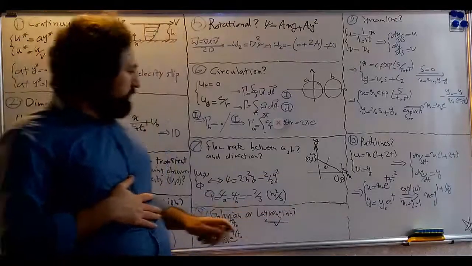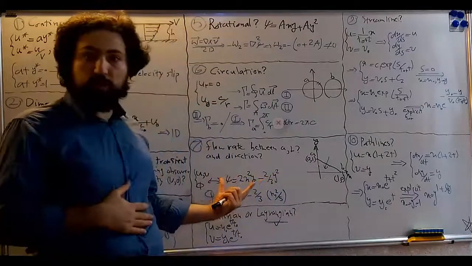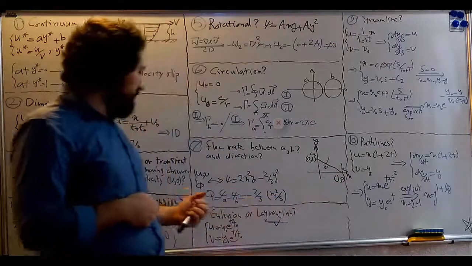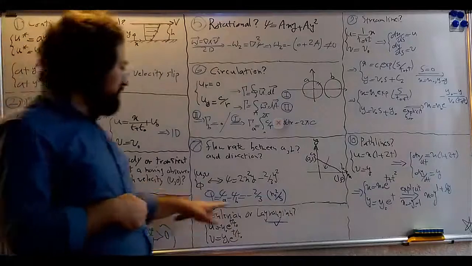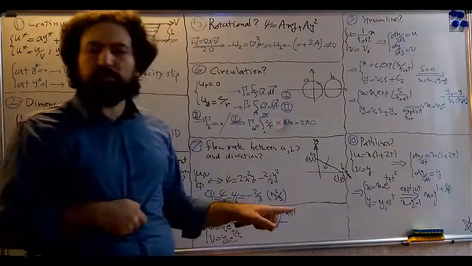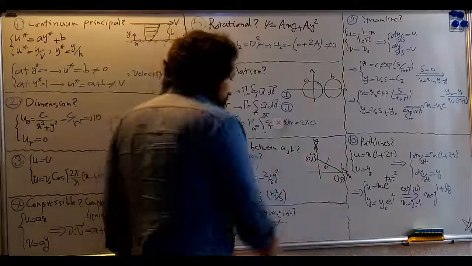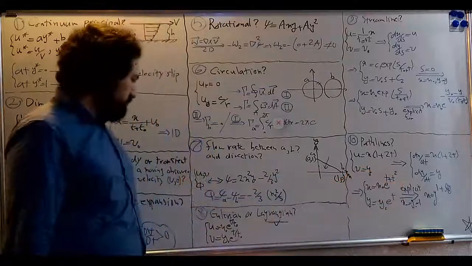And just substitute 0 and 1 to find the stream function value for A, and 1 and 0 for the next one, and you can easily obtain the volumetric flow rate. Pay attention to the minus sign here. This means that the direction of the flow rate, as you see in the figure, is from the right side to the left side.